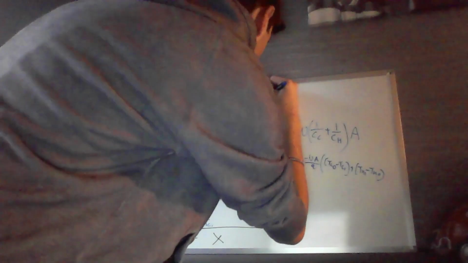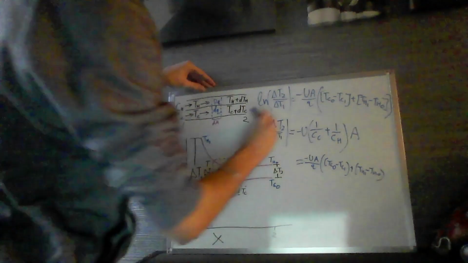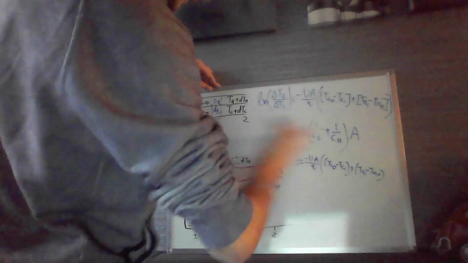You're left with ln delta T2 over delta T1 is equal to negative UA over Q of TCO minus TCI plus THI minus THO. Alright, then I can erase these two and then get started, right?